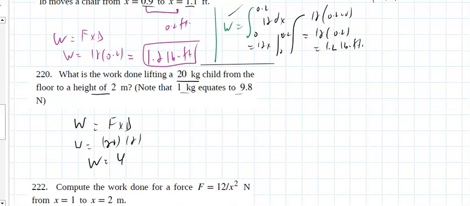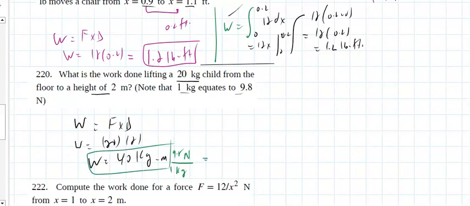Work will be 40 kilogram meters. And if you want to convert, kilograms to newtons, 1 kilogram is 9.8. You don't have to do this. This is a fine answer.